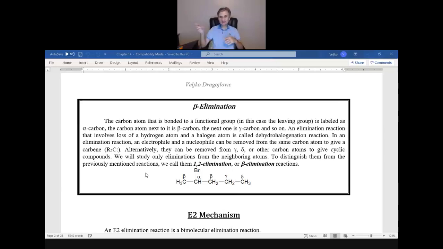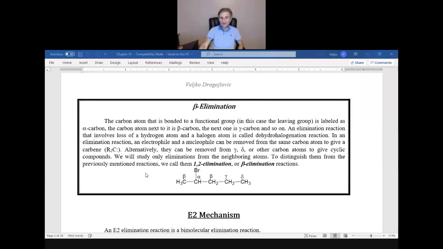Instead, when the chain is long, we simply say that the last carbon in the chain is omega. And the second to last is omega minus 1, and then next to it omega minus 2, and so on. So that makes it a little bit easier. So you need to know alpha, beta, gamma, delta, and then at the other end we name it omega, omega minus 1, omega minus 2, and so on. So it's relatively easy.